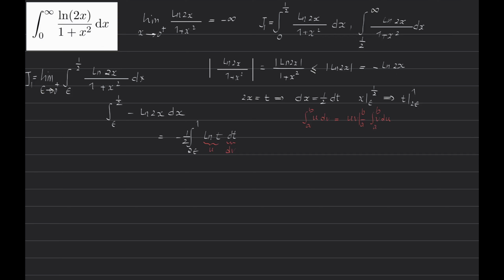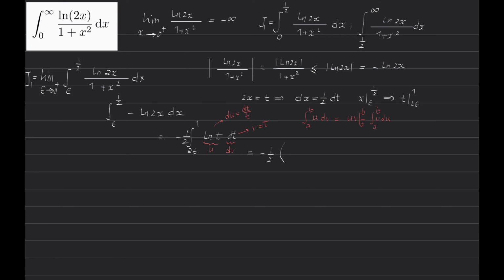So let me continue now. This becomes equal to minus 1/2. If u is ln of t, then du becomes dt over t, and this means that v is nothing except t.